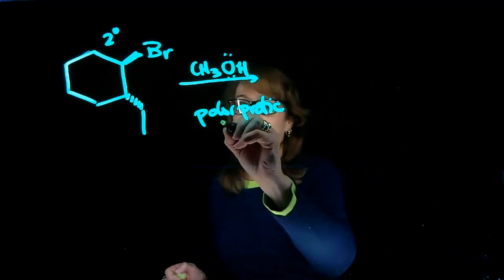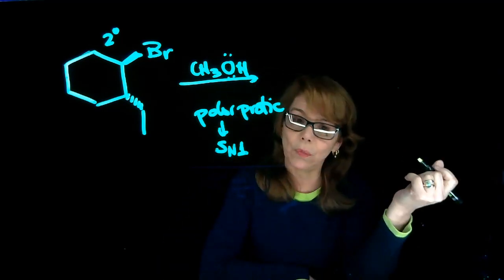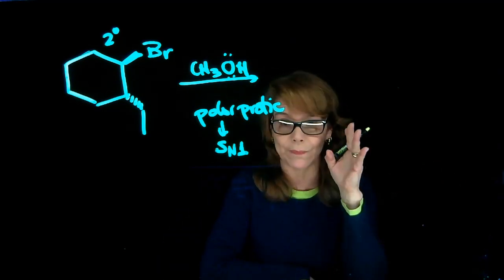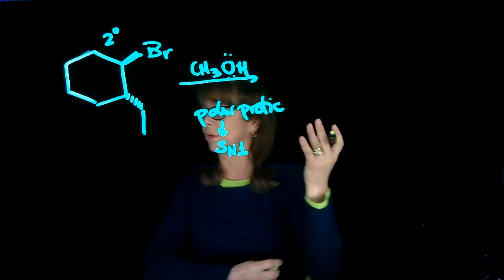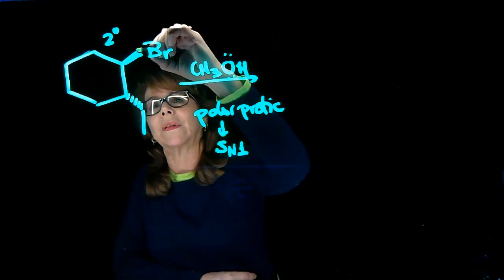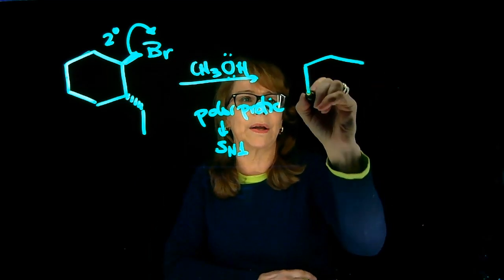But these conditions are good for an SN1 reaction. And remember, SN1 reactions happen stepwise with the formation of a carbocation intermediate. So what you have here first is the formation of a carbocation.